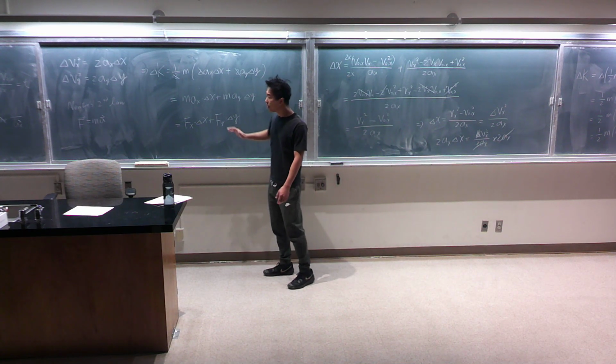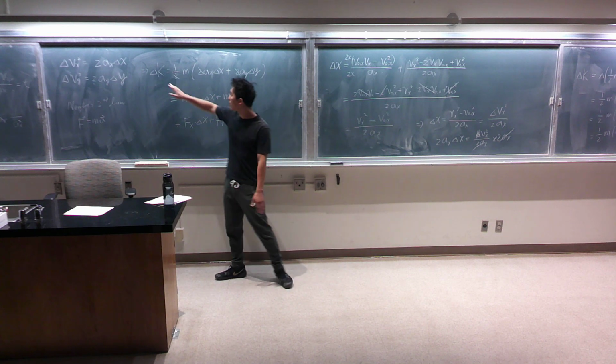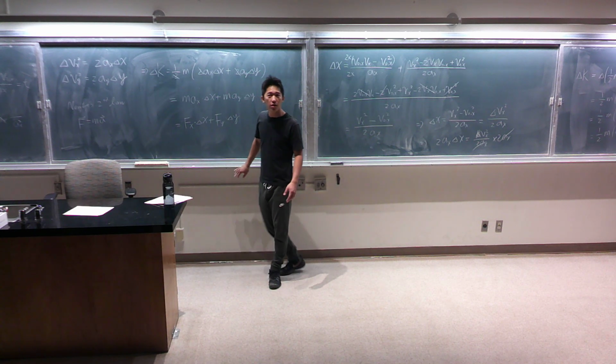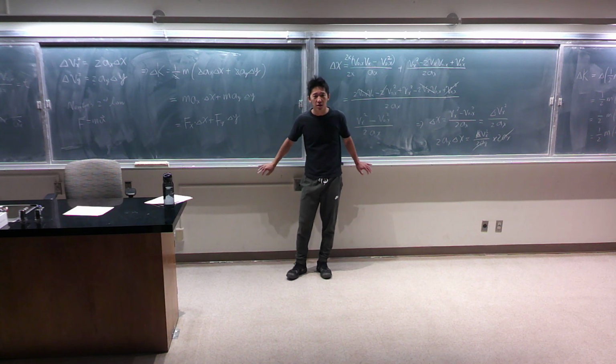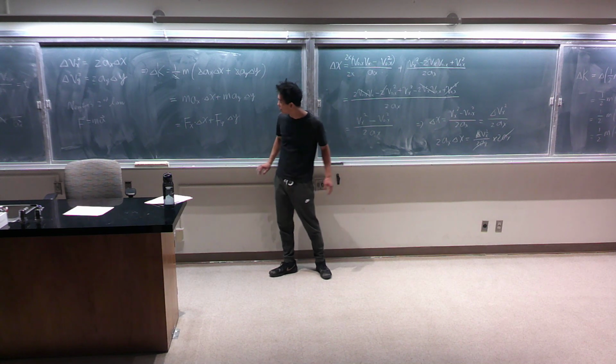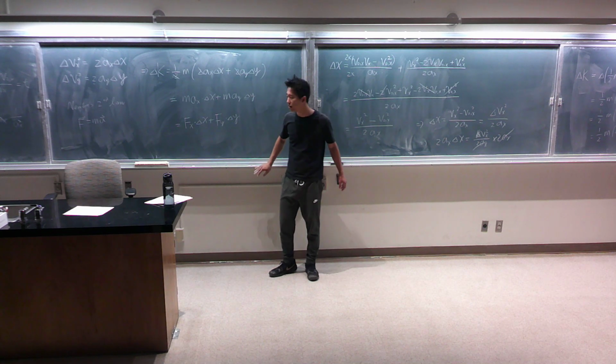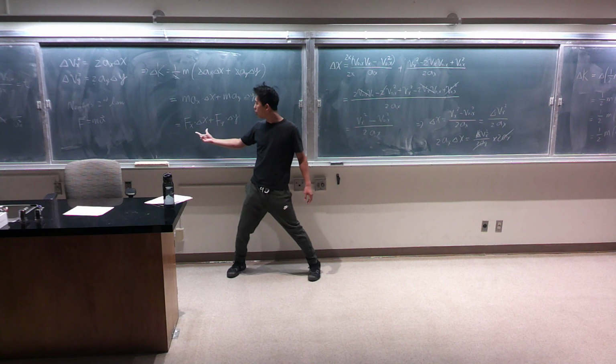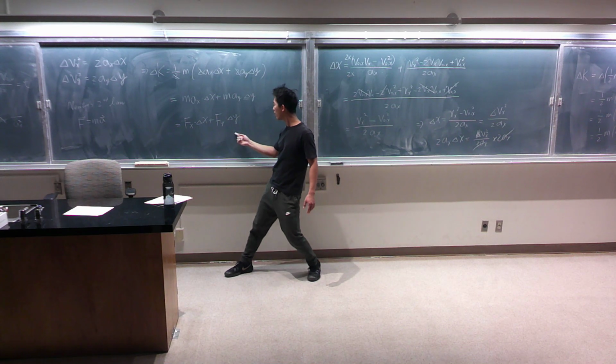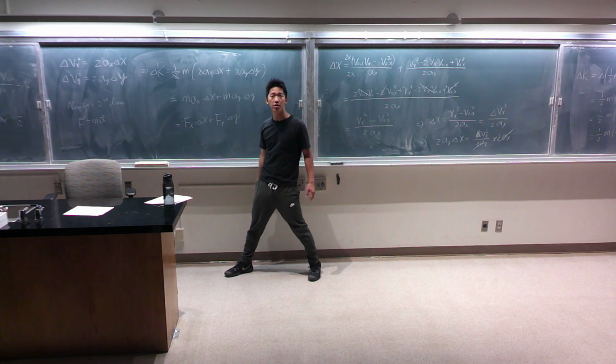We see to change the kinetic energy of a particle, you need an interesting combination of force and displacement. You need to multiply the same component between them, x with x, y with y, and then sum them together.